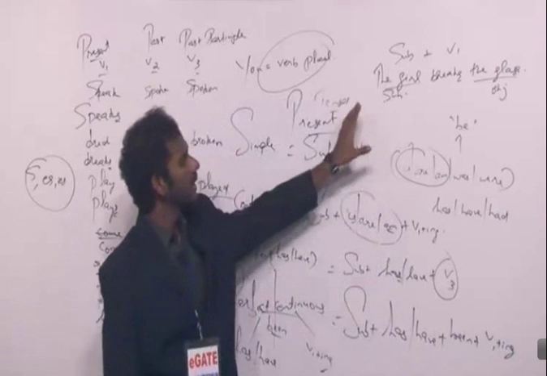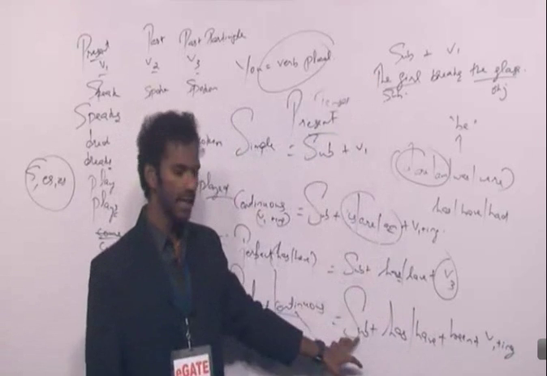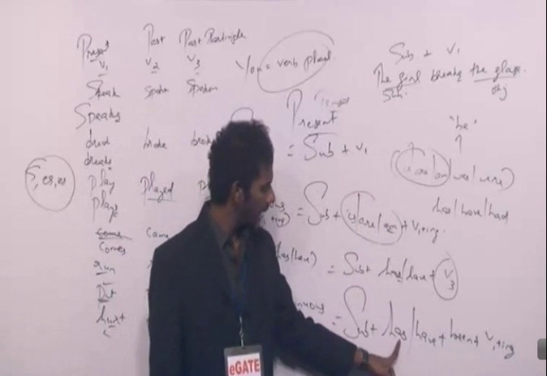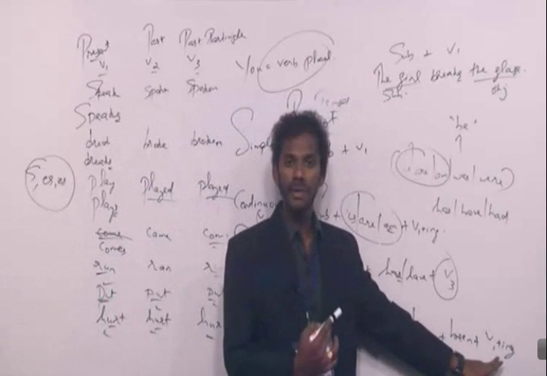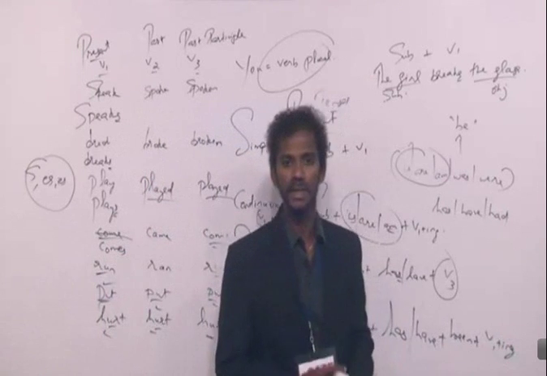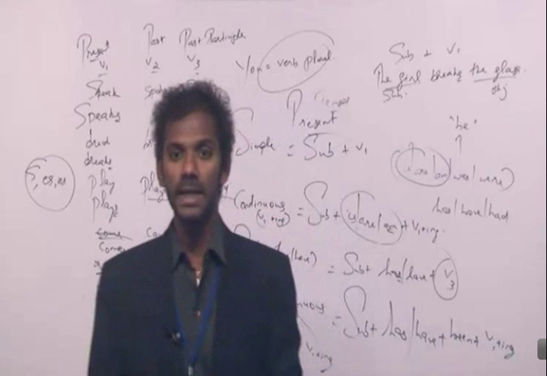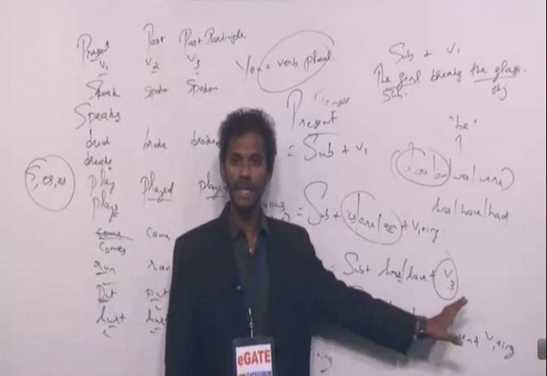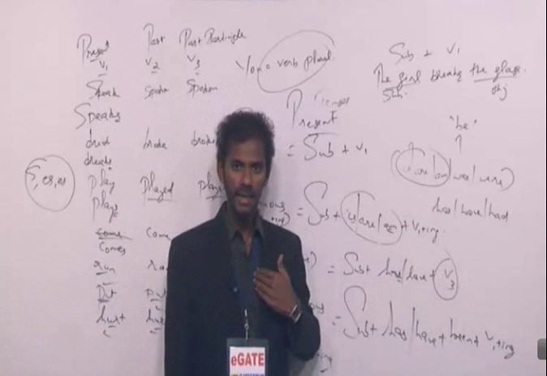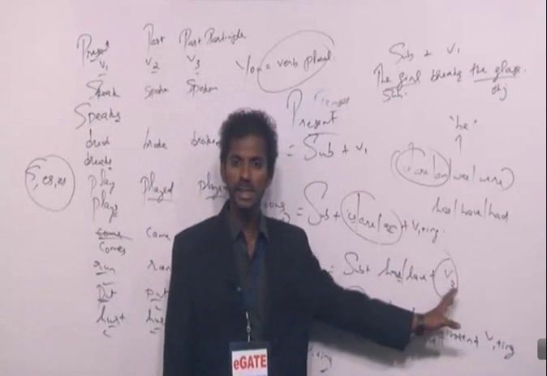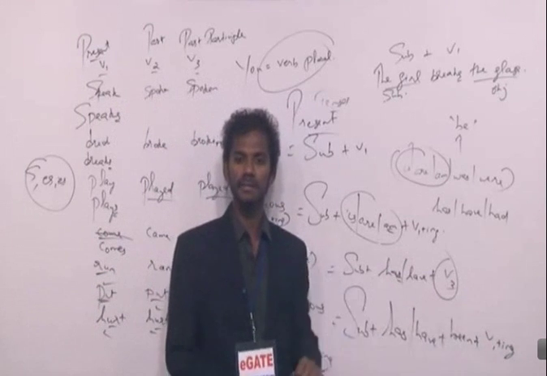So the girl breaks the glass becomes: the girl is a subject here, singular, so has. The girl has been, ing of break is breaking. So the girl has been breaking the glass. The girls is plural: the girls have been breaking the glass. With I and you, the verb must be plural. I have been breaking the glass. You have been breaking the glass.